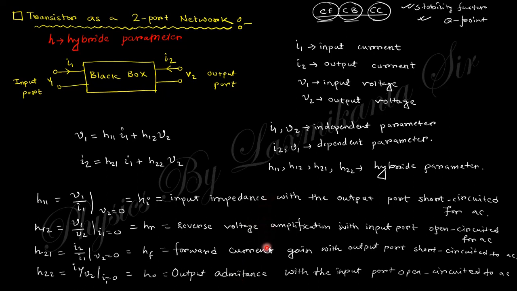These four are different quantities in physics. That's why this is called hybrid. Hybrid means a mixture of different things, because these are different types of parameters. And HI means input impedance, HR means reverse voltage amplification, HF is the forward current gain, HO is the output admittance. So these are the four hybrid parameters. Clear?